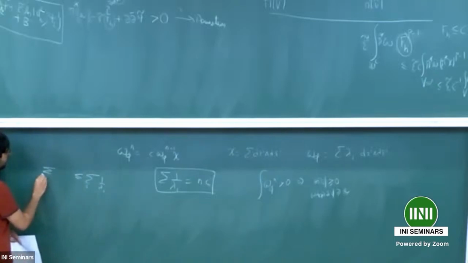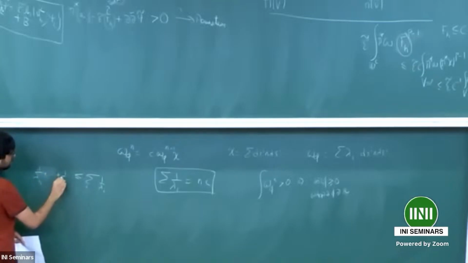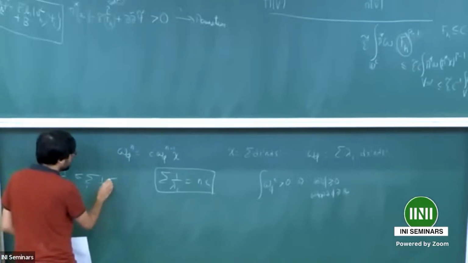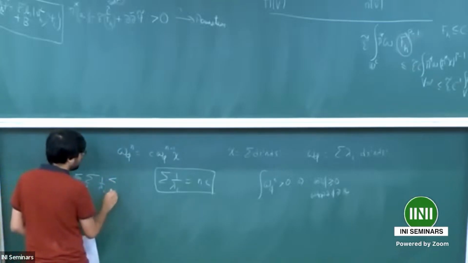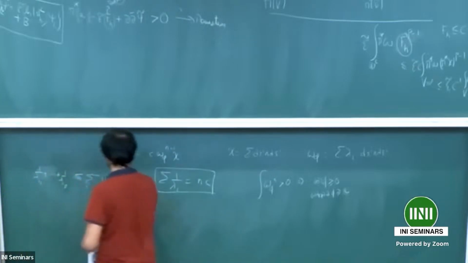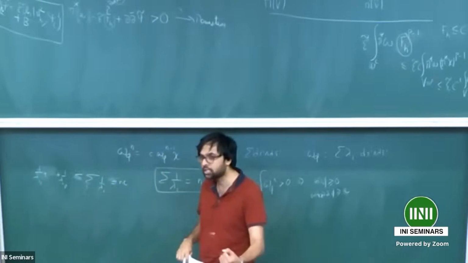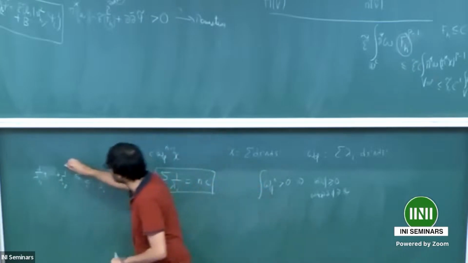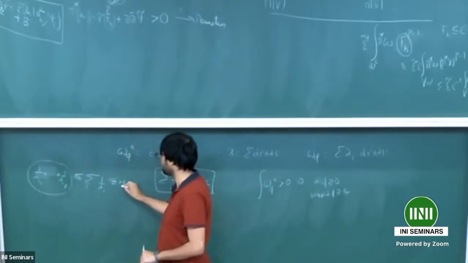If you leave out a few terms here, that is, if you only keep a few terms in the summation, this is obviously strictly less than NC. In other words, if you take any solution, this expression will be strictly less than NC.